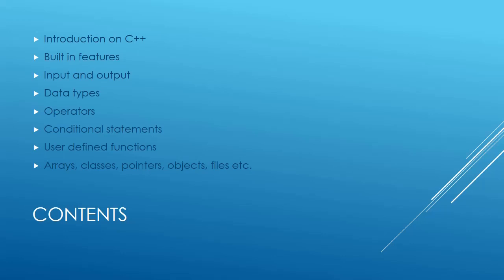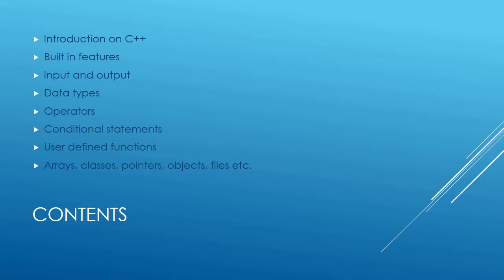For example, it can be a number, it can be a name, etc. Different data types are used. We will discuss operators, or specifically mathematical operators that are used to perform mathematical functions in a program.